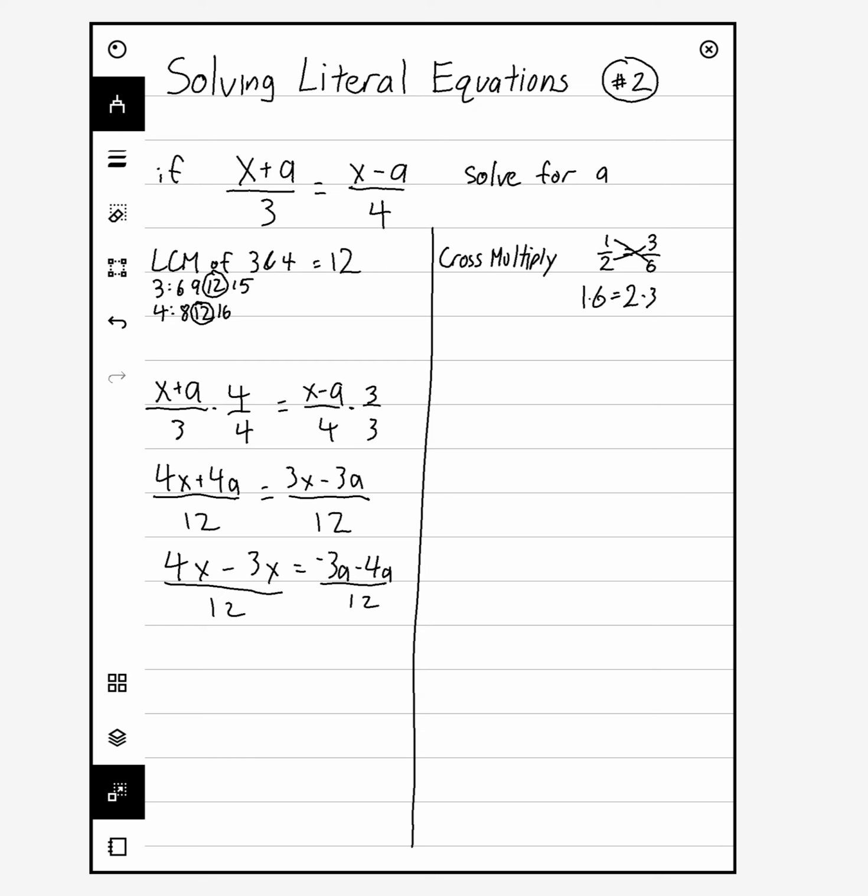So now here, let me just show you this one other thing. If you have this over 12 is equal to this over 12, if they're both over the same denominator and you don't really care about the number down here and you just care about what's up here, you can rewrite it without the denominator. You can leave out the over 12 because they're both over 12.